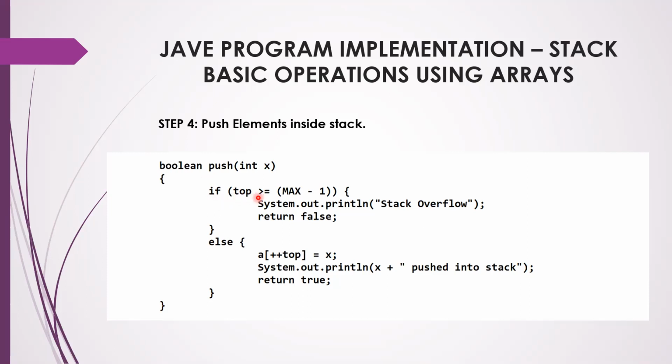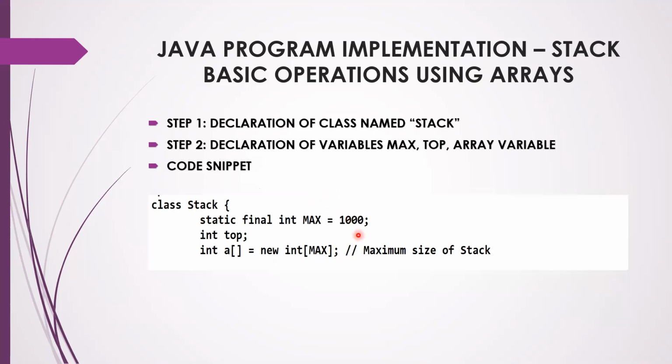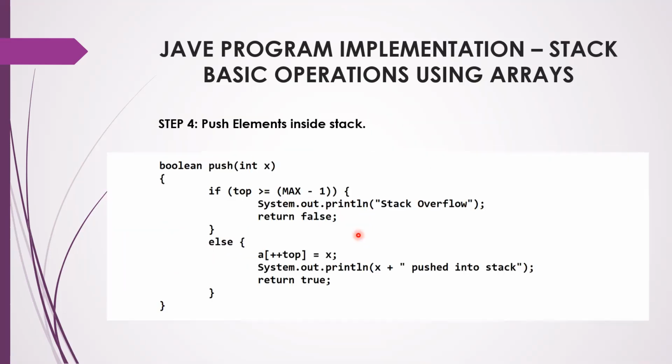So if top is greater than or equal to max minus 1, for example, it has reached 1000. We have declared max as 1000, and you're inserting a new element inside the stack after 999 elements.